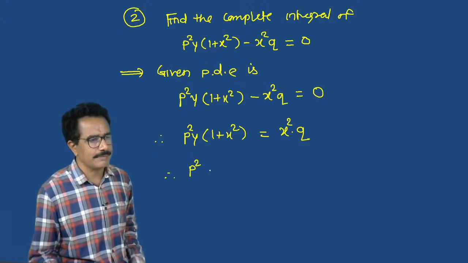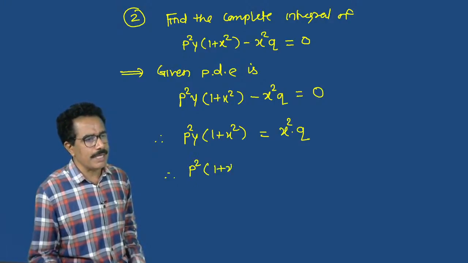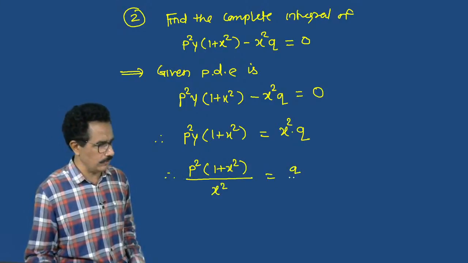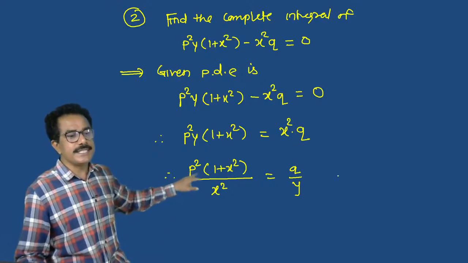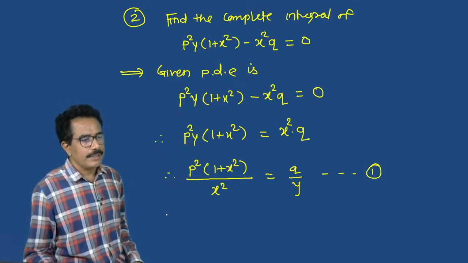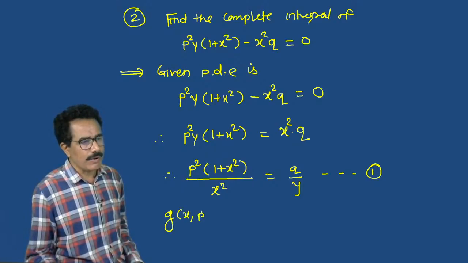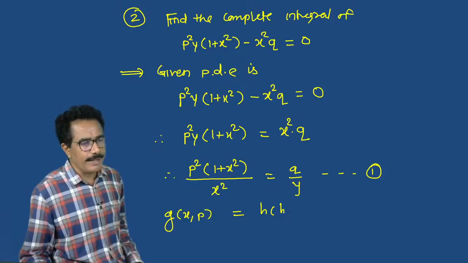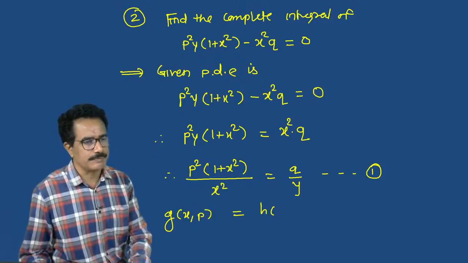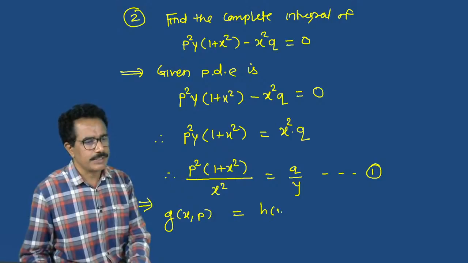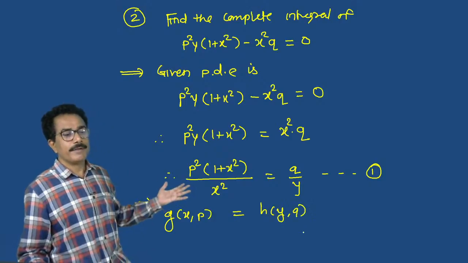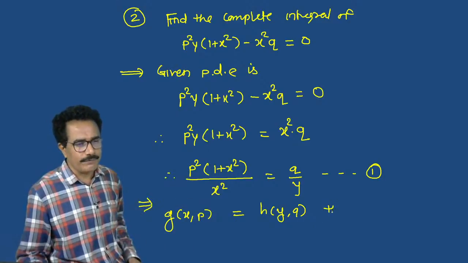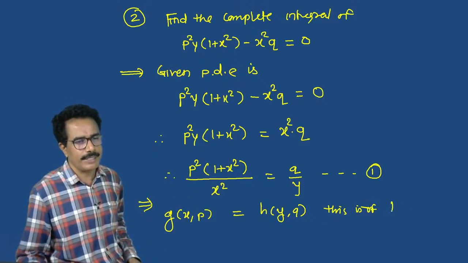So p square into 1 plus x square divided by x square is equal to q divided by y. Means this is like g of x comma p, which is equal to h of y comma q. So we can take this as of type 3.